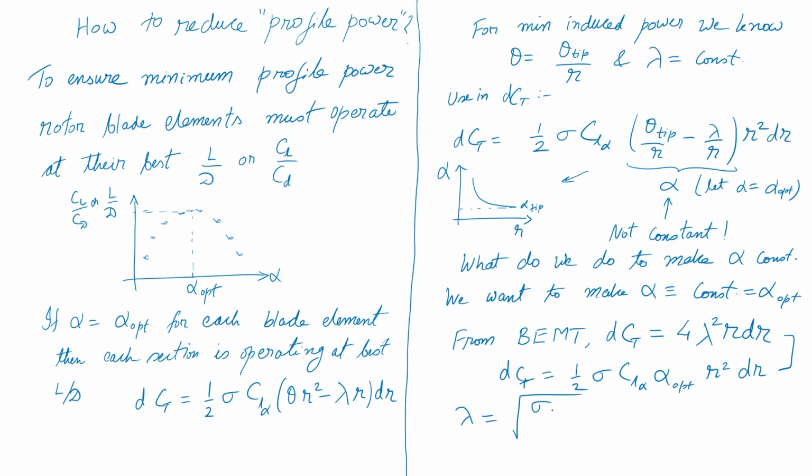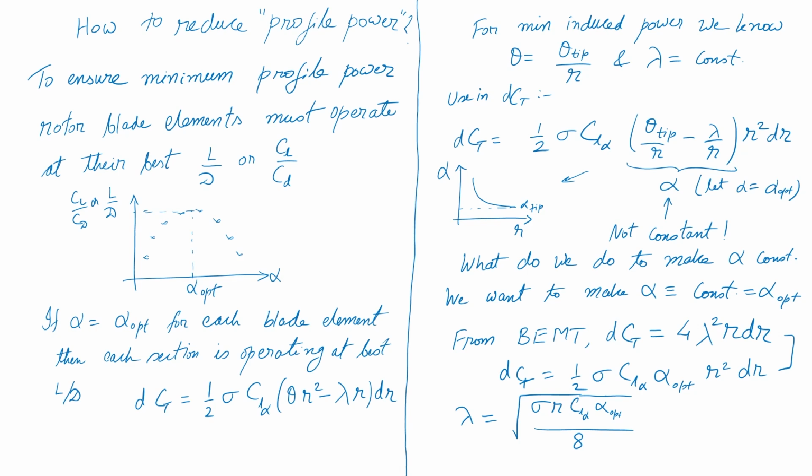sigma r into CL alpha into this alpha optimal divided by 8. So, we have used that expression and we are saying that there is some alpha which is somehow some alpha optimal, and I end up getting this expression for lambda.